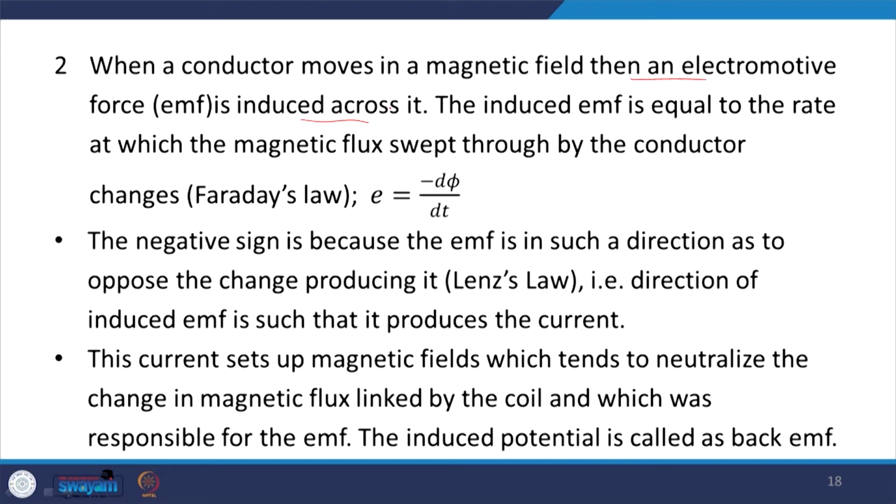The induced EMF is equal to the rate at which the magnetic flux swept by the conductor changes, very popularly known as E is equal to minus d phi by dt, and this negative sign indicates that the direction of the voltage induced is opposite.